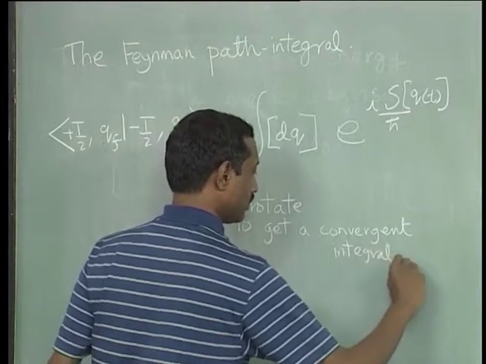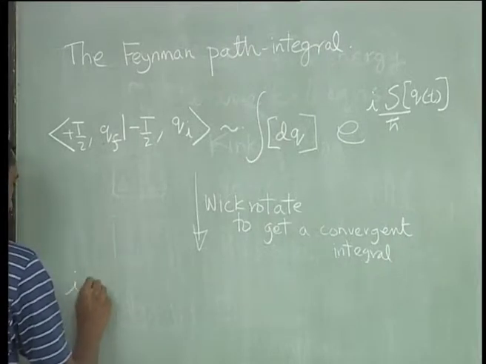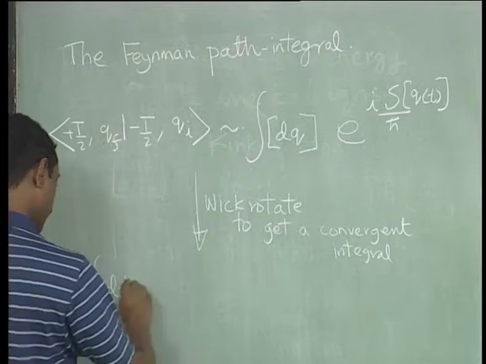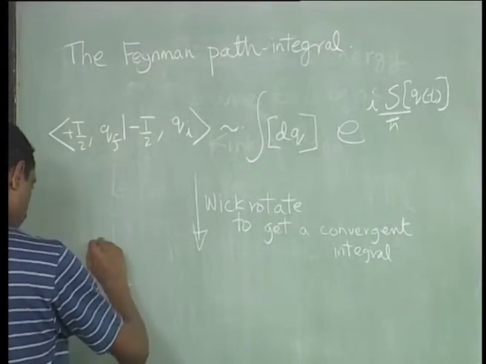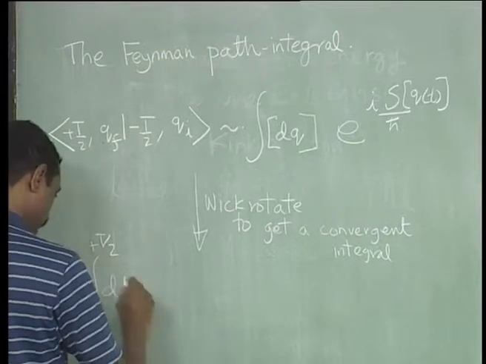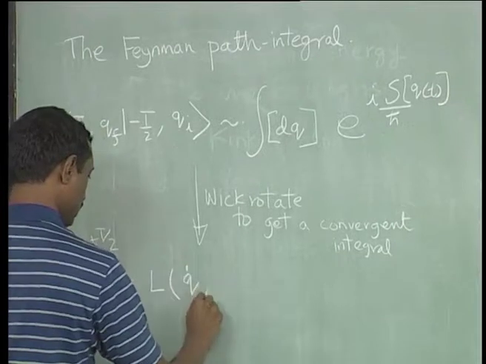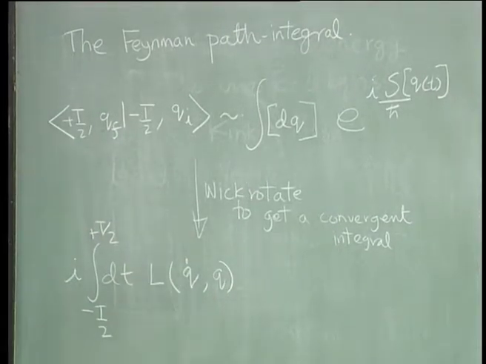Okay. And so what we want is to look at this integral, the action, the integral of L dt from initial minus T by 2 to plus T by 2 of some Lagrangian of q dot and q. Okay. So the Wick rotation I have suggested there, we have to check that the sign works out right.